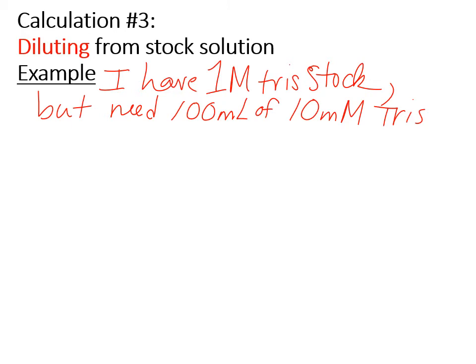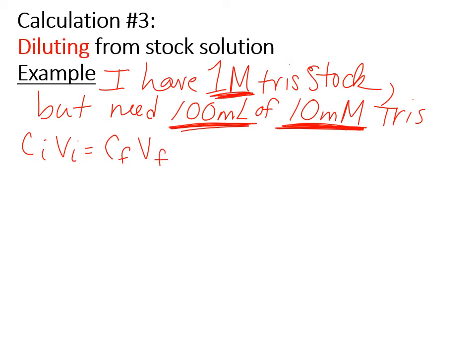Now you'll notice that in the problem, like I said, you'll be given 3 out of the 4 values of this formula. To remind you the formula, it's CI VI equals CF VF, okay? And ultimately, when you do this problem, I want you to note you must match units on both halves of the formula.